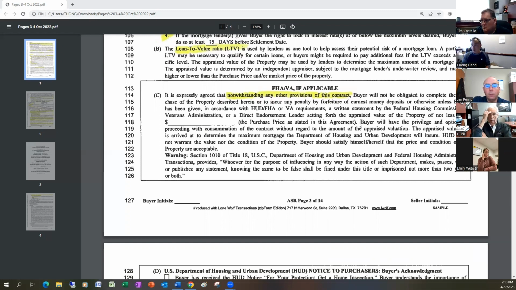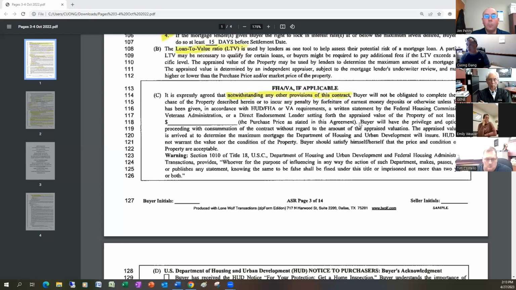So C states that it is expressly agreed that notwithstanding any other provisions of this contract, and I have it highlighted, buyer will not be obligated to complete the purchase of the property described herein or to incur any penalty by forfeiture of earnest money deposits or otherwise, unless buyer has been given, in accordance with HUD, FHA, or VA requirements, a written statement by Fair Housing, the VA, or direct endorsement lender setting forth the appraised value of the property of not less than blank, the purchase price as stated in this agreement.